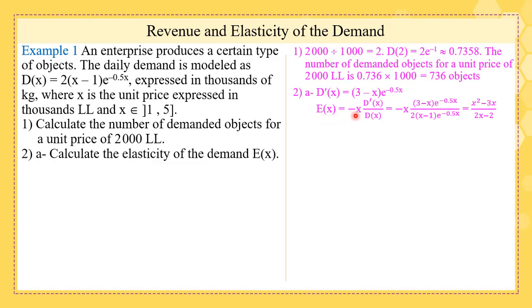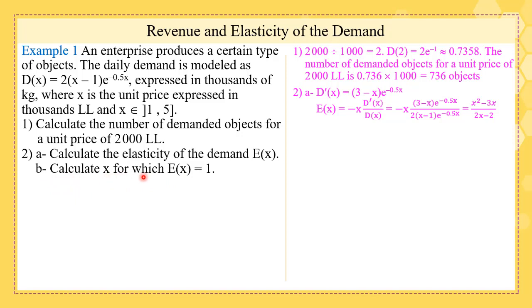E of x equals minus x D prime of x over D of x, which is equal to minus x times (3 minus x) e to the power minus 0.5x, all over 2 times (x minus 1) times e to the power minus 0.5x. E to the power minus 0.5x is cancelled out in both sides of the fraction. Then we simplify it and we get E of x equals (x squared minus 3x) over (2x minus 2).